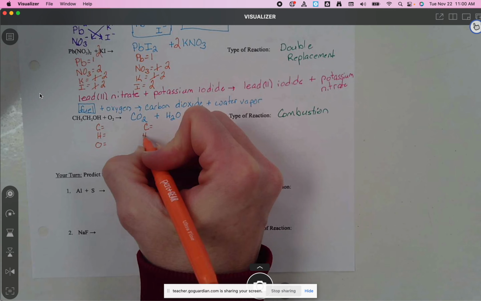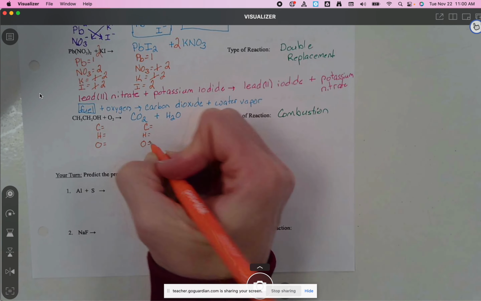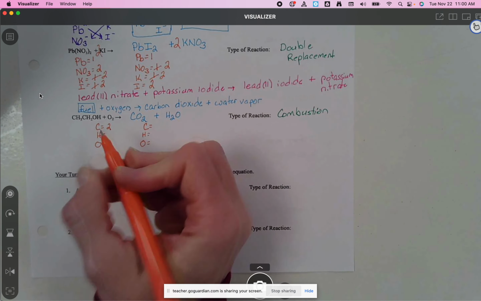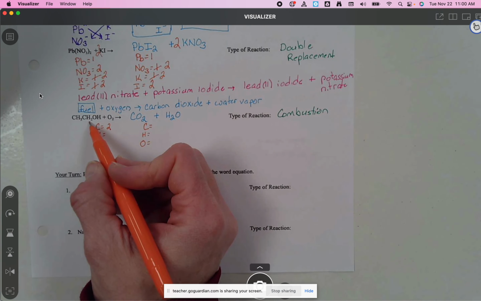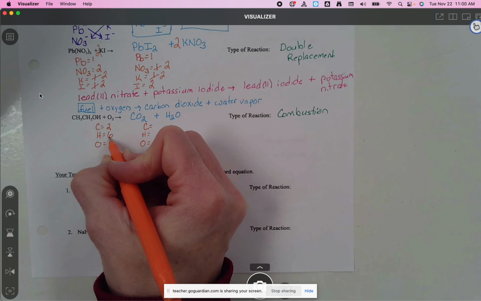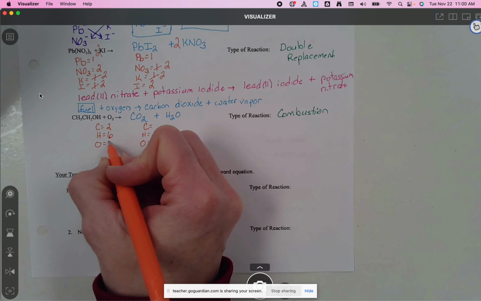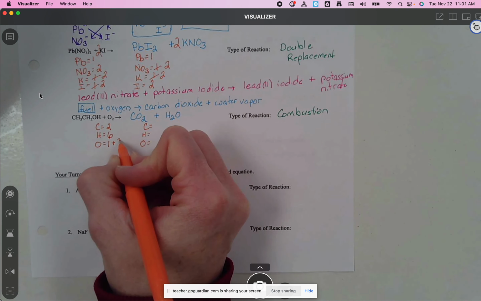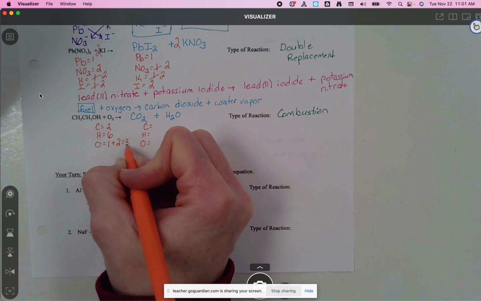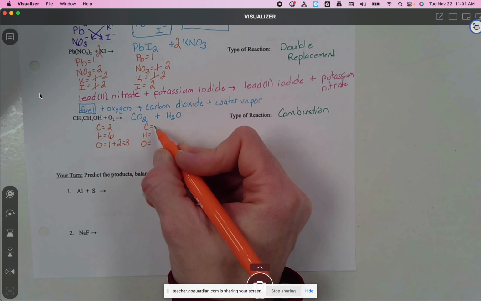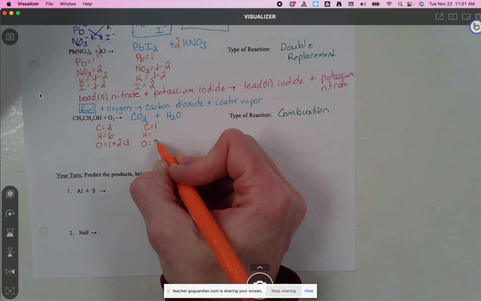Carbon, hydrogen, oxygen. So I have 2 carbons, 3 hydrogens plus 2 hydrogens plus 1 hydrogen, 6 hydrogens, 1 oxygen there, plus 2 more oxygens there for a total of 3. On the other side, my carbon dioxide has 1 carbon and 2 oxygens.